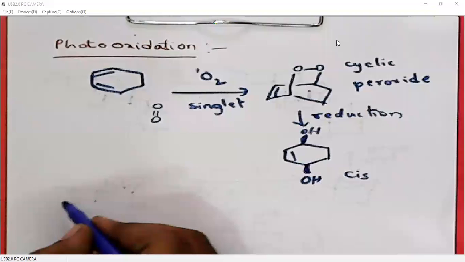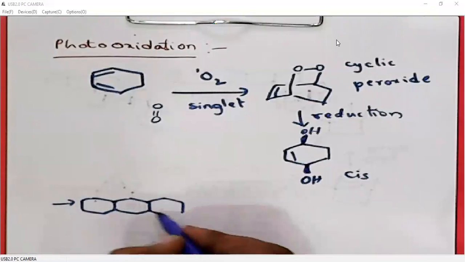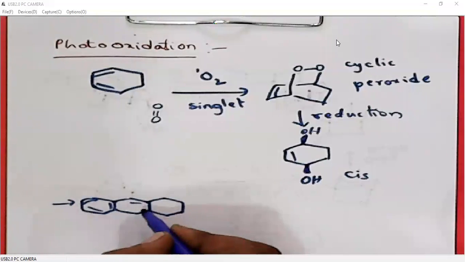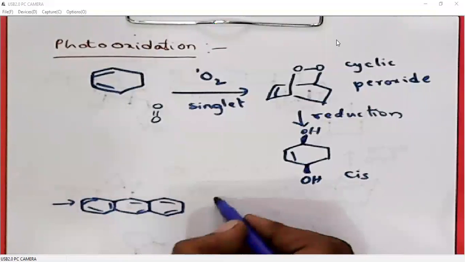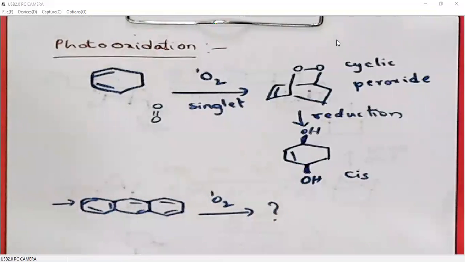Similarly, when we do the same reaction with anthracene and singlet oxygen, what is the product? When we treat anthracene with oxygen under photochemical conditions, the middle ring will act as a diene because it is less aromatic.